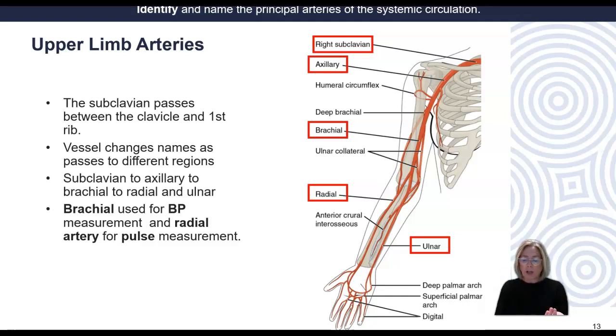The temporal artery can be used, and the common carotid artery can be used, also the brachial artery. And when we get to the lower limb, I'll point out the femoral artery, the popliteal artery, the posterior tibial artery, and also the dorsalis pedis, which can also be used.